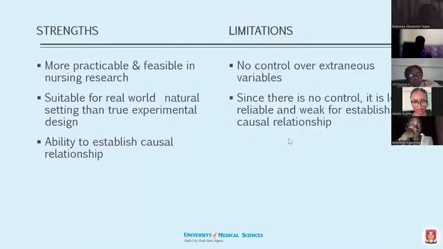So the strengths of these include that it is practicable. This is more or less like the intervention study that is common in some of our nursing research. You want to test the knowledge of a group of people, then you collect data from them, maybe a pre-test, then you introduce your intervention or your treatment, maybe you teach them about a particular topic, then thereafter you collect your data to find out whether there is a difference between the pre-test and the post-test.